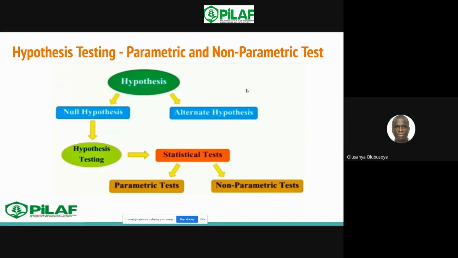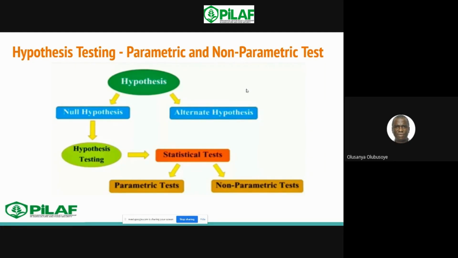Generally, to test a hypothesis, you need statistical tests. The test is the one that processes the data, and it's on the basis of the test that a decision is taken. This test is again categorized into parametric and non-parametric. So this is the structure of hypothesis testing.